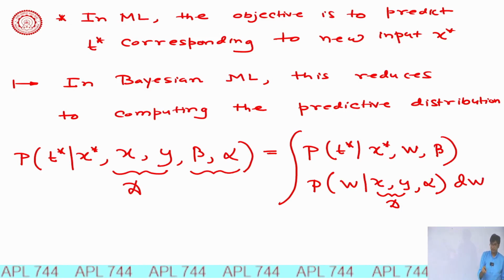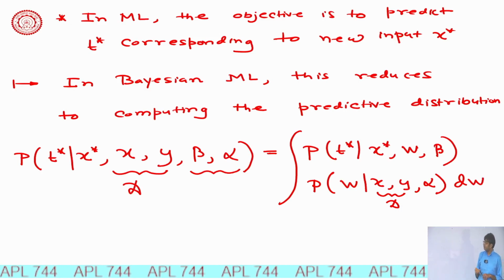Okay, so this expression is clear to everyone or not? In the first term, why did we write beta comma alpha? Once you know X star and W and beta, what is the relation between them and T star? T is equal to W transpose phi x plus epsilon. So where is alpha there?